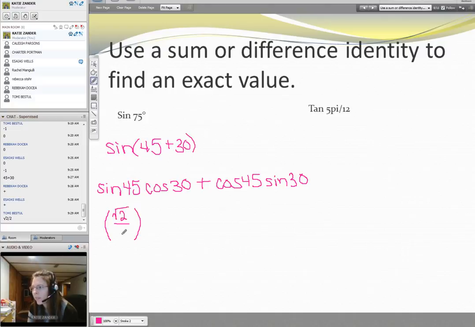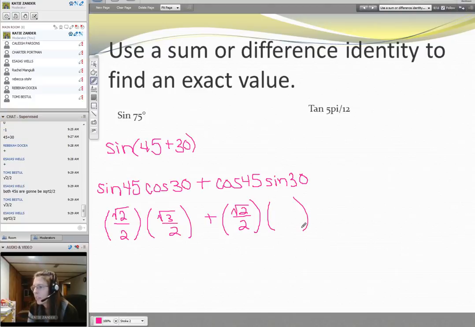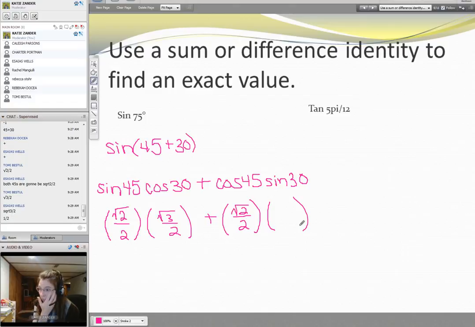And cosine of 30. And sine of 30. It's got to be the 1/2 then.